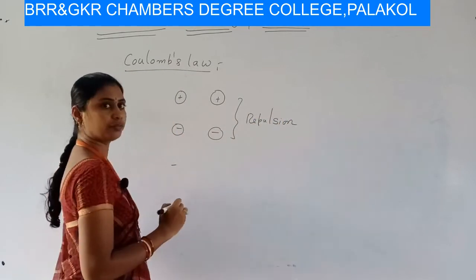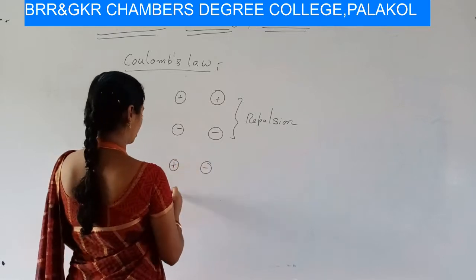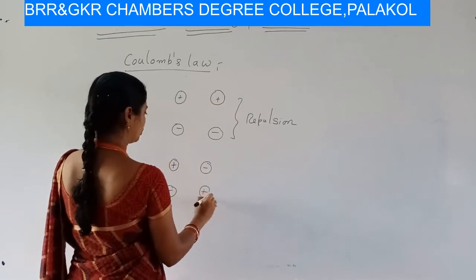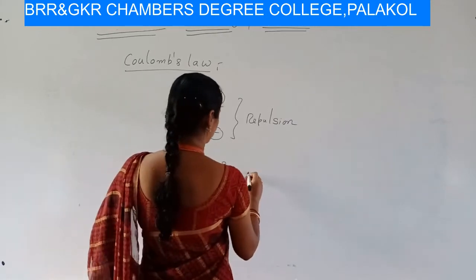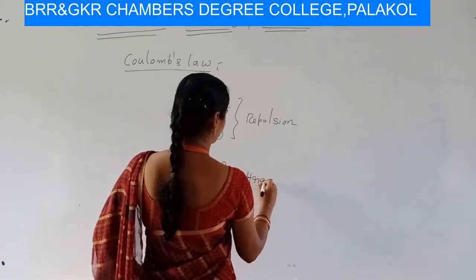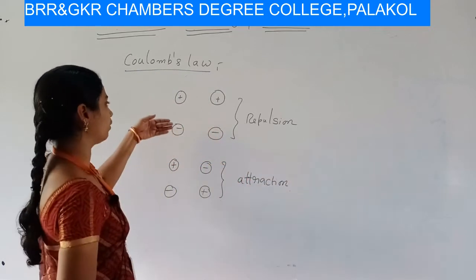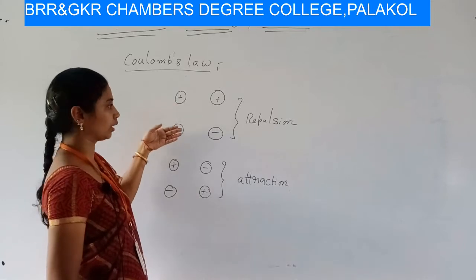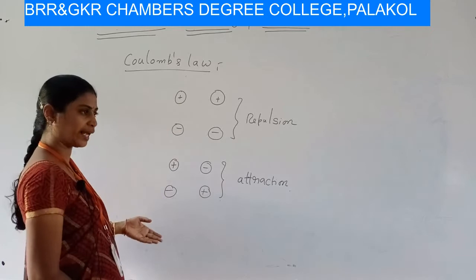While in case of two unlike charges, positive charge and negative charge, there is an attraction. There is always a repulsion between two like charges and always an attraction between two unlike charges.